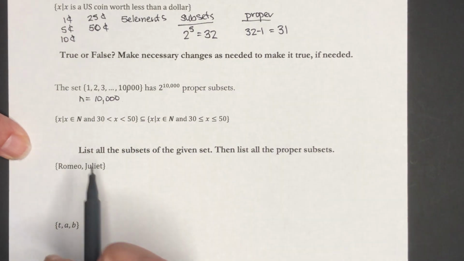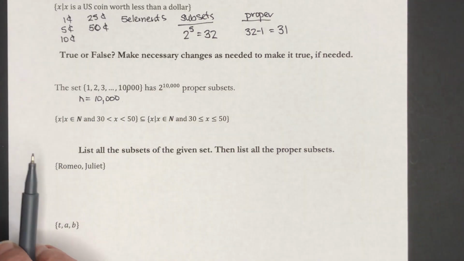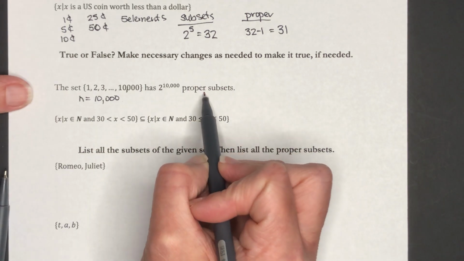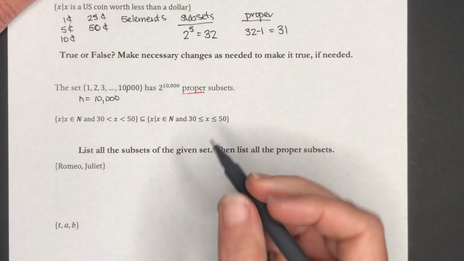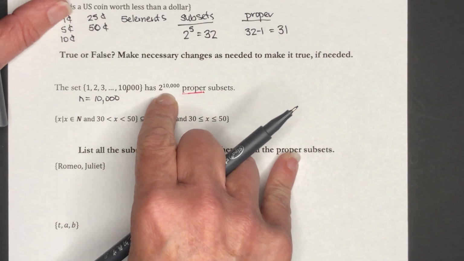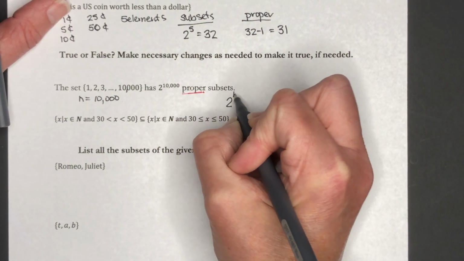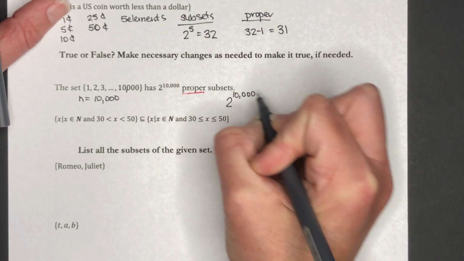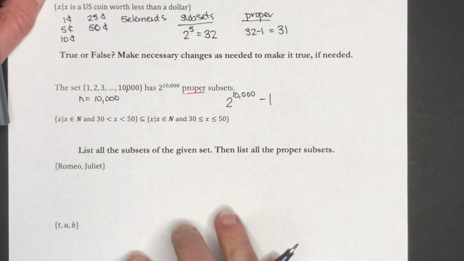And I know I do 2 to that power, but notice right here, it says proper subsets, not regular subsets. So this is not the answer. This is the number of regular subsets. The answer we really need to see is 2 to the 10,000 minus 1. That would be how many proper subsets.